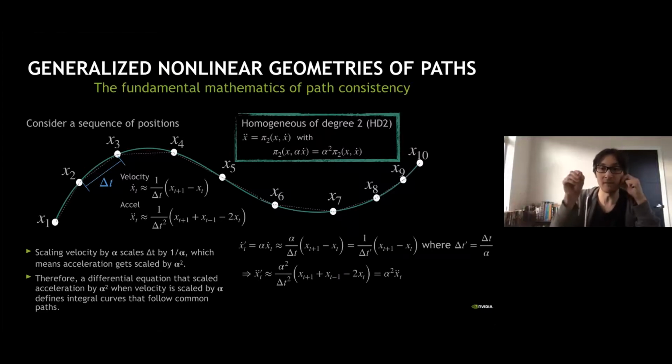Because if you scale the velocity that you're moving at by some factor, it automatically scales the acceleration to compensate for that so that you stay along the same path. And so any differential equation that has this property, which is called homogeneous to degree 2, that scaling the velocity scales the acceleration by the scalar squared, will have this path consistency, which is very geometric. Like behavior is defined by the paths and not by the specifics of how fast you're moving along those things.